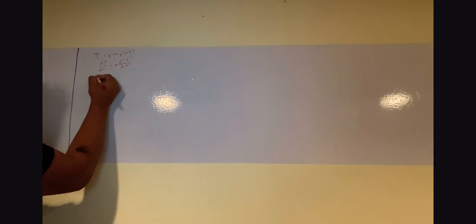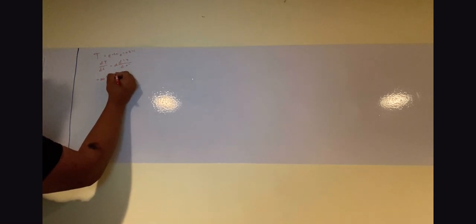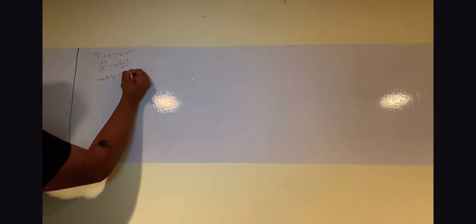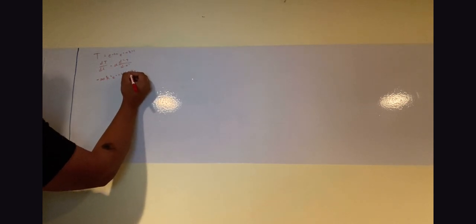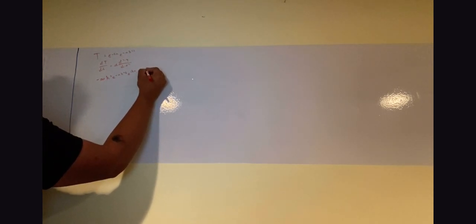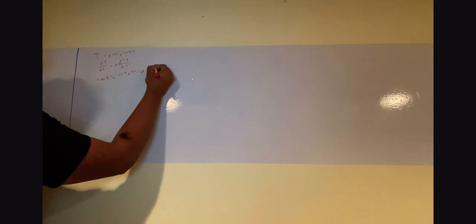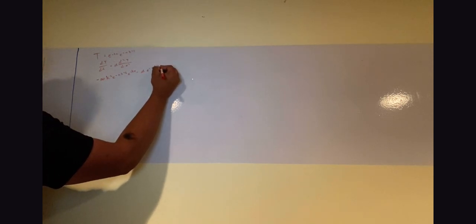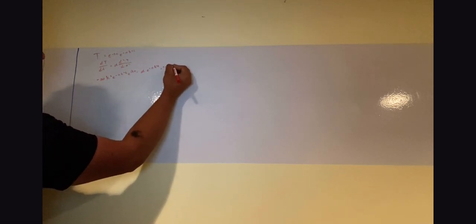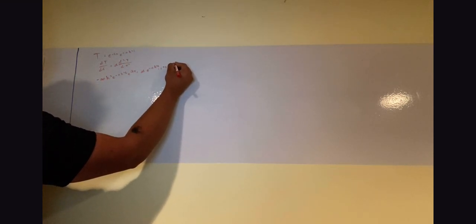So we have negative alpha k squared e to the negative alpha k squared t times e to the ikx is equal to, when we take the first derivative, alpha e raised to the negative alpha k squared t times i squared k squared, multiplied times e to the ikx.